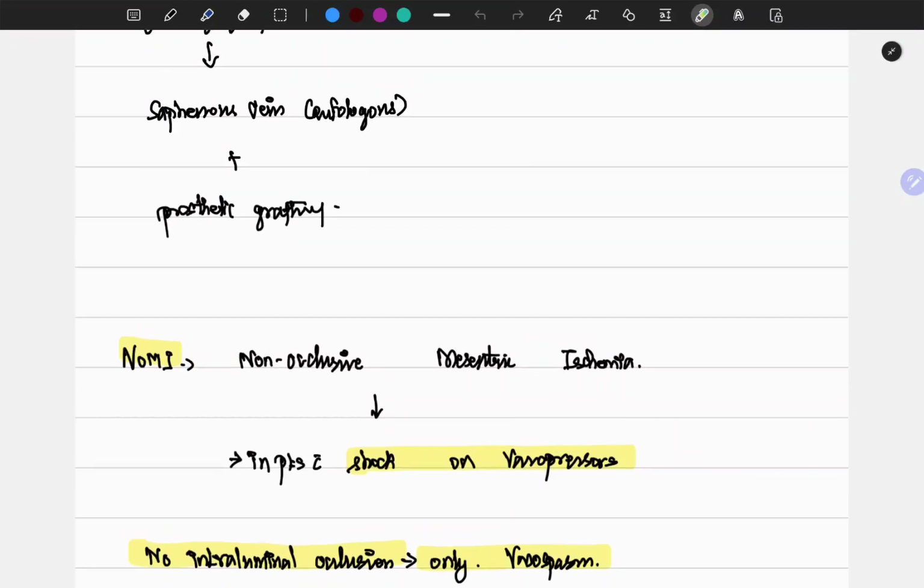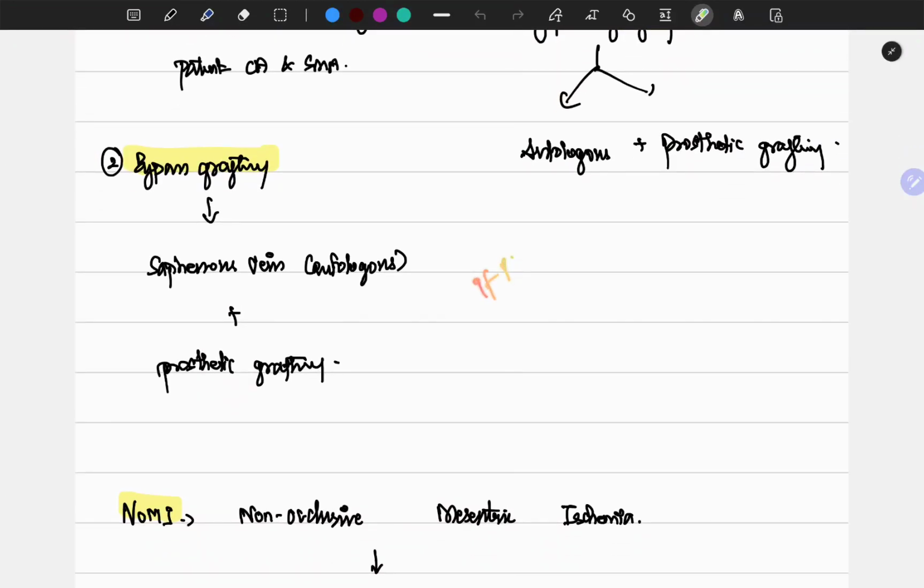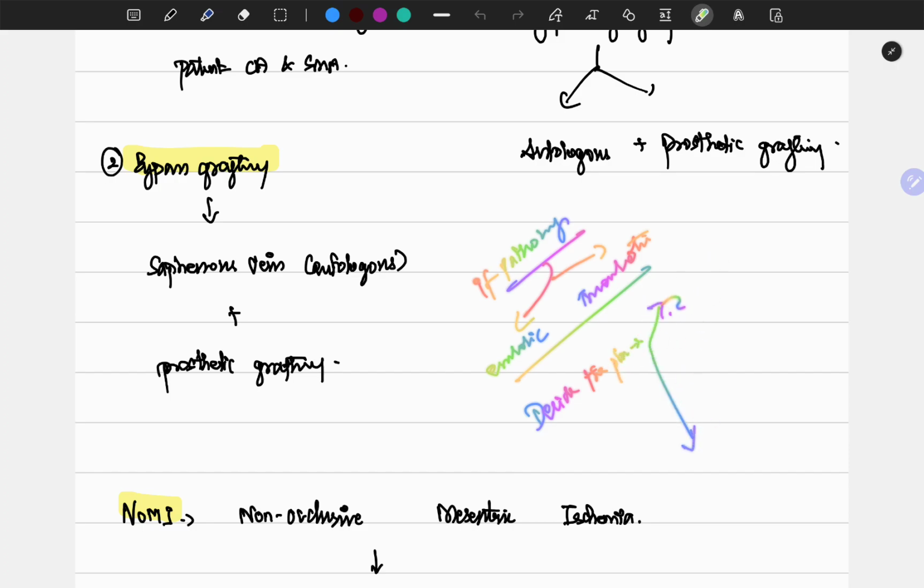So the point is, if the pathology is embolic or thrombotic, design the plan of management. So we are going to perform emergency surgery and elective surgery. So in case of an emergency surgery, open or endovascular.